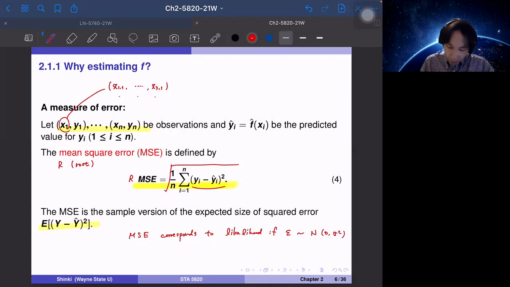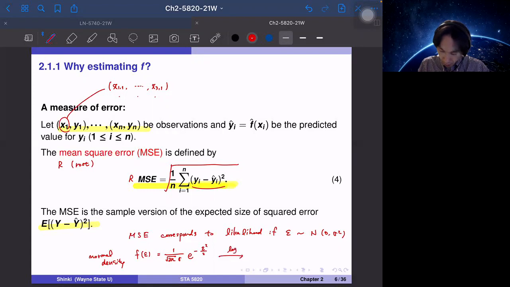So remember the normal density: f of epsilon is equal to 1 over square root of 2 pi sigma square. Maybe if we put the sigma outside of the square root, then exponential, e to the power negative epsilon square over 2, and take the logarithm.